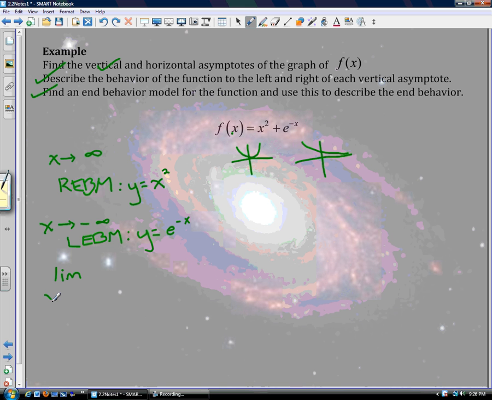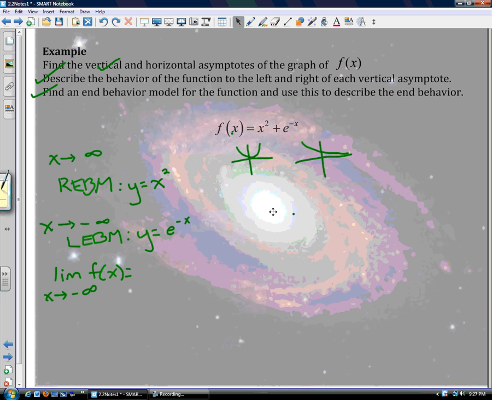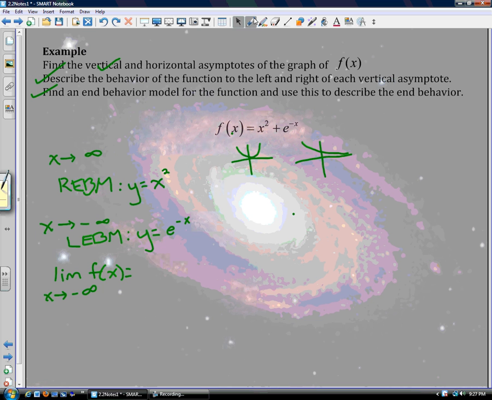So all I need to do is say the limit as x goes to negative infinity of f of x. I don't really care what is happening to my function in between positive and negative infinity, but as I go off to the right, it looks like a parabola.